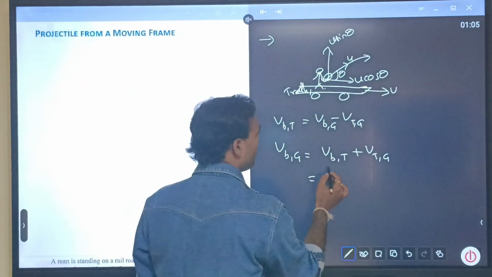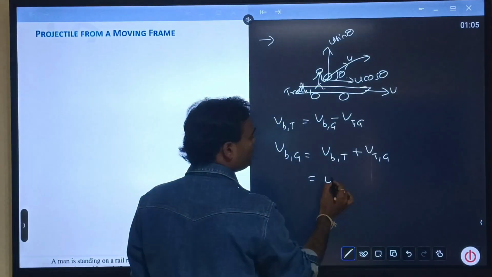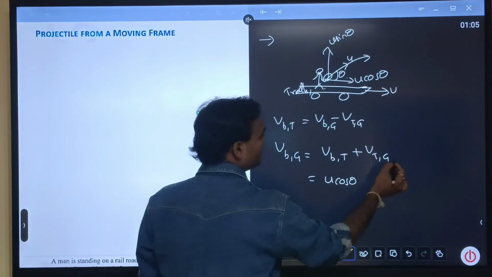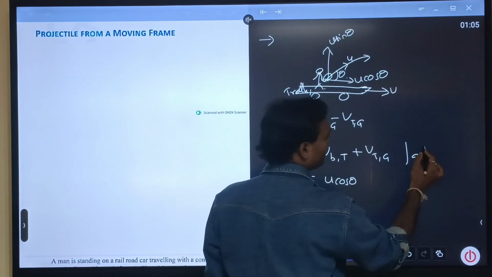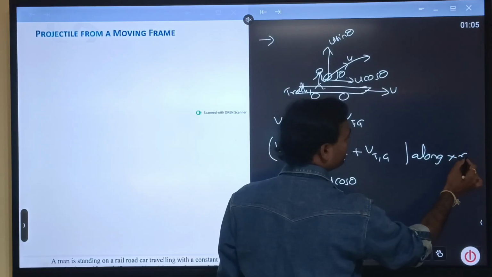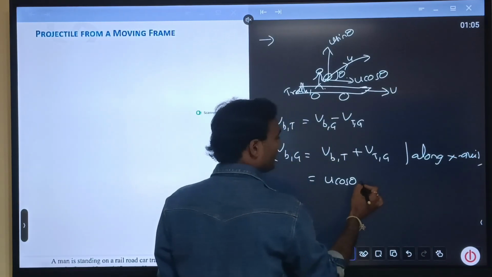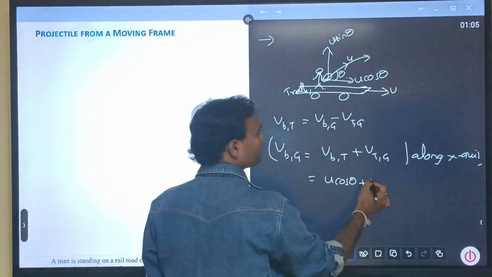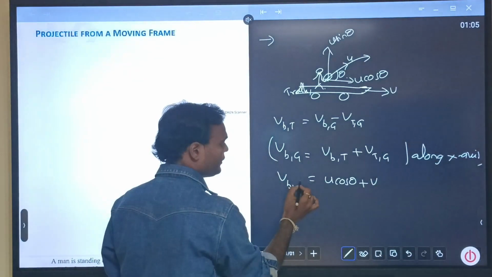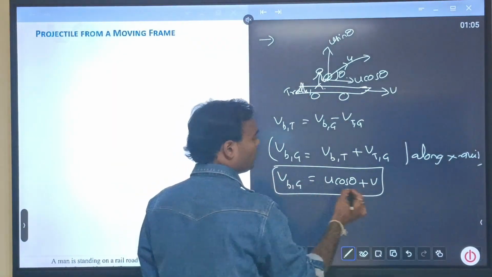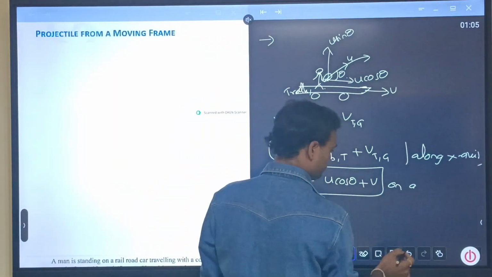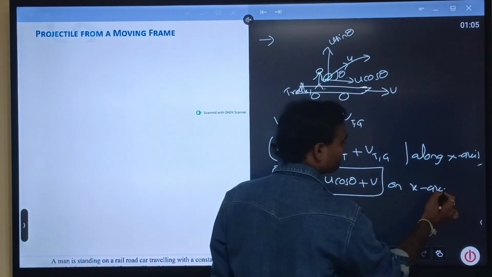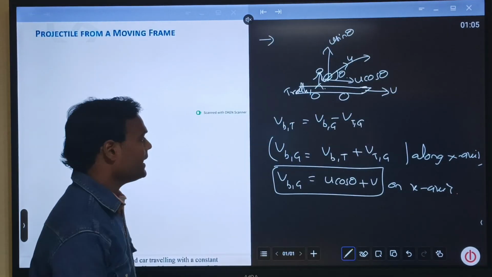Then velocity of ball with respect to trolley is u cos theta, along the x-axis, and velocity of trolley with respect to ground is v. So this is the velocity of ball with respect to ground on the x-axis, right?